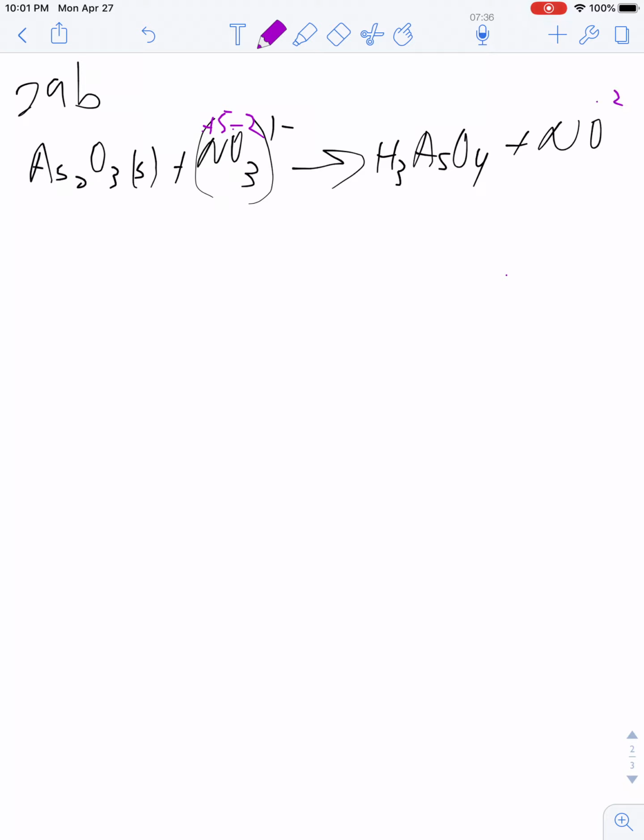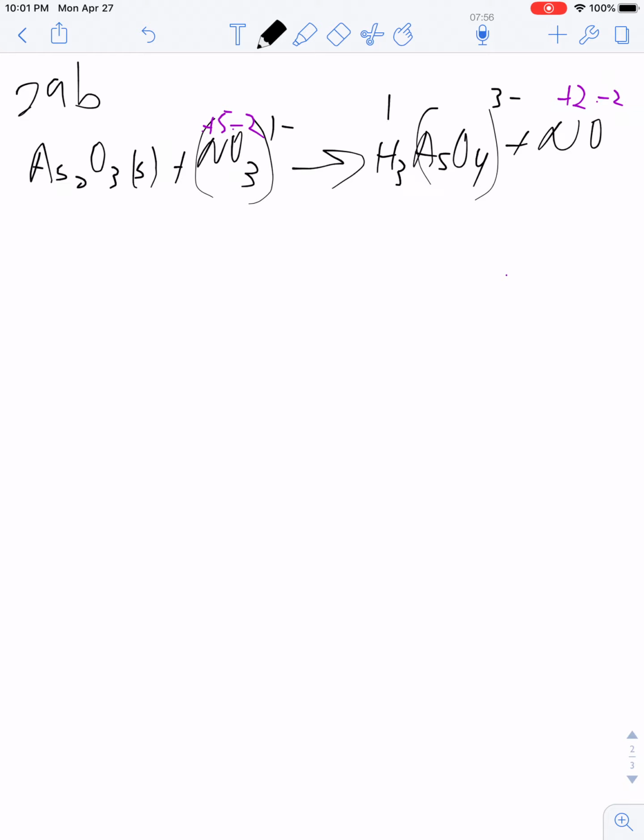Over here, oxygen's a -2, so the nitrogen must be a +2. Arsenate has a -3 charge.